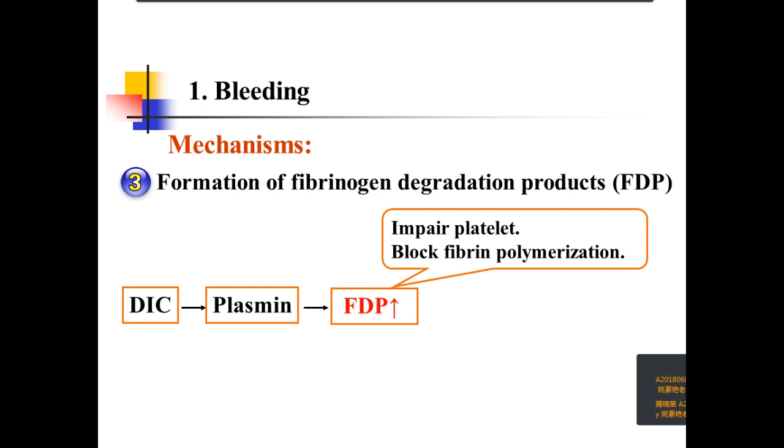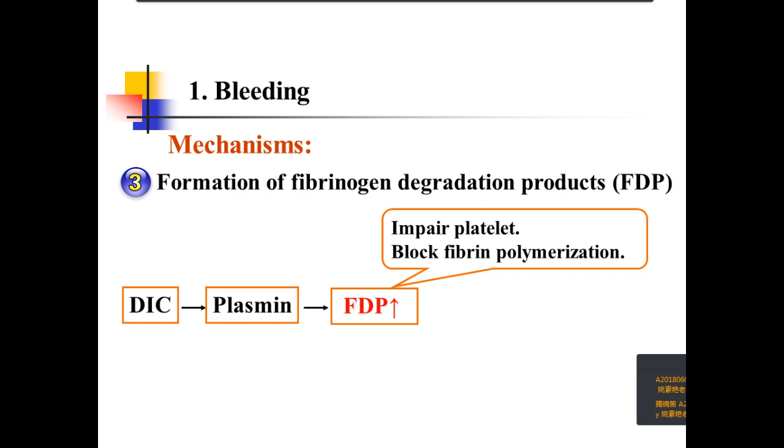It is called FDP. FDP has anticoagulation function because it can impair platelet aggregation. So FDP increase reduces platelet aggregation. It also can block fibrin polymerization.